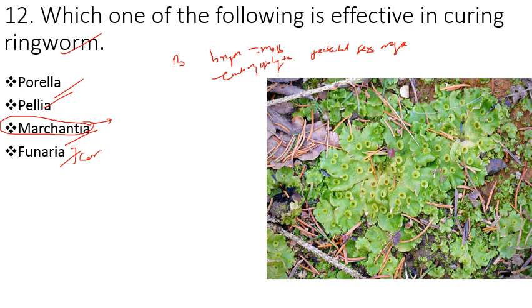Then the person named John Hedwig is considered as father of bryology. Then father of Indian bryology, the name of person is S.R. Kashyap. He is considered as father of Indian bryology.